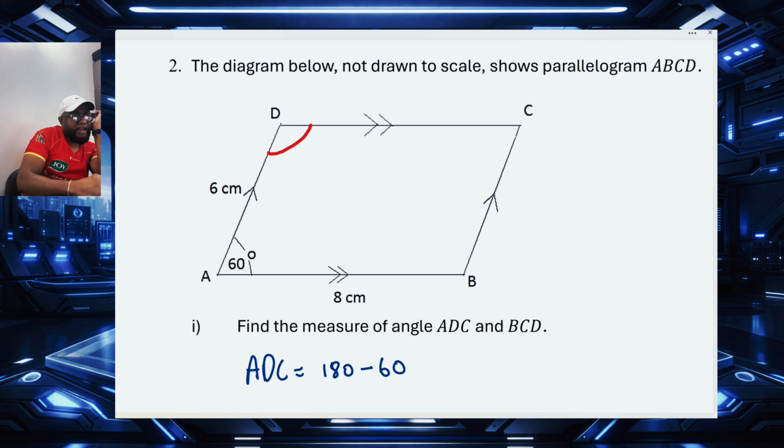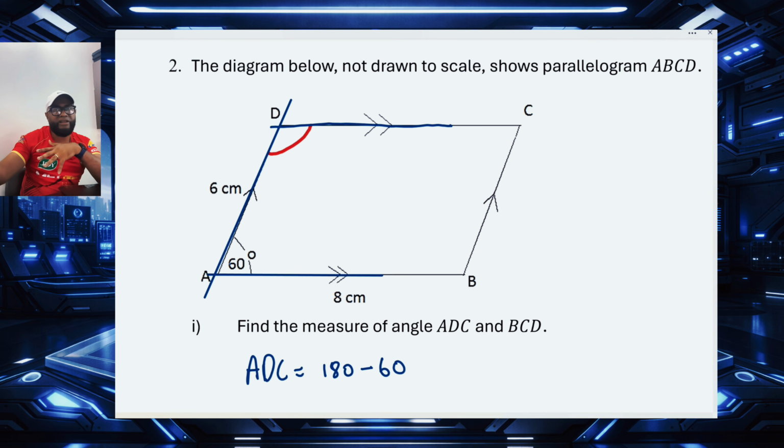So you have a parallel line here, this is one parallel line. This is your other parallel line down here. And then this line here serves as your transversal. Forget the fact that we have our next parallel line on the other side.